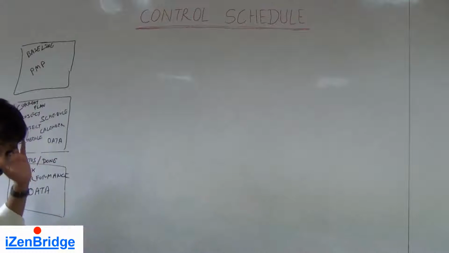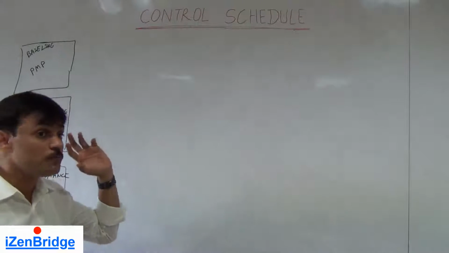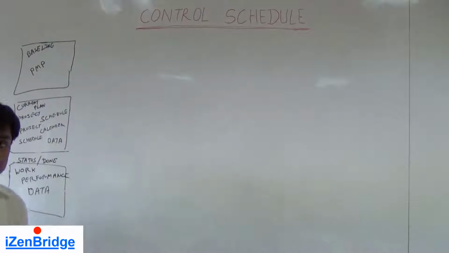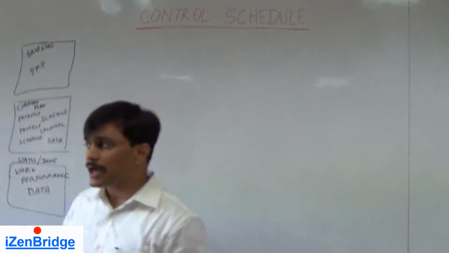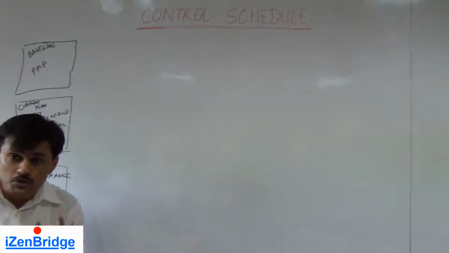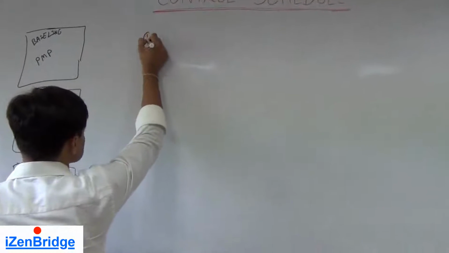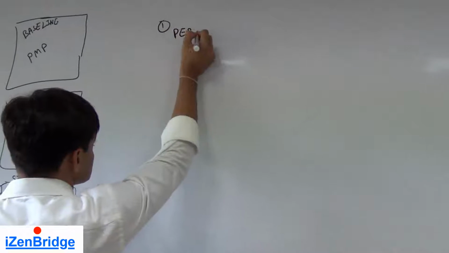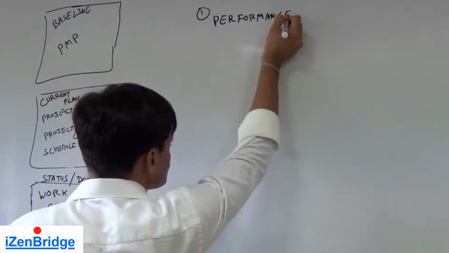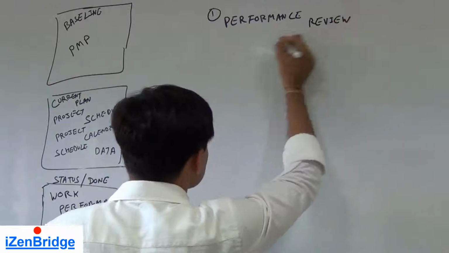Now we have these inputs and we need to apply tools and techniques so we can identify the performance information of our work. The first tool and technique which we apply for identifying the performance of our schedule is performance review. Now we can use various techniques to do this performance review.